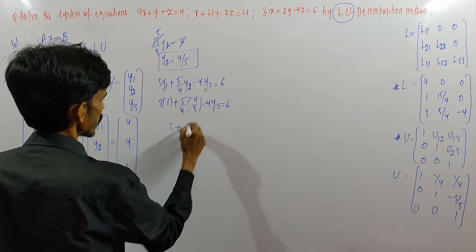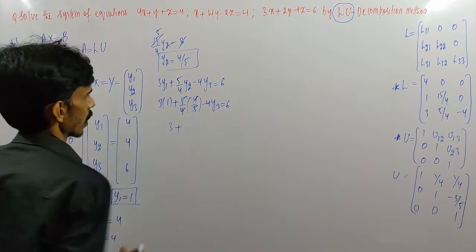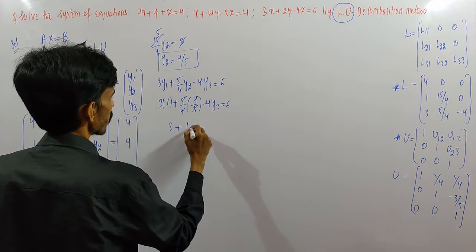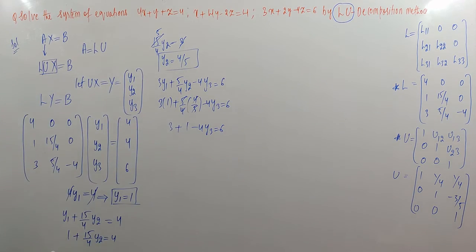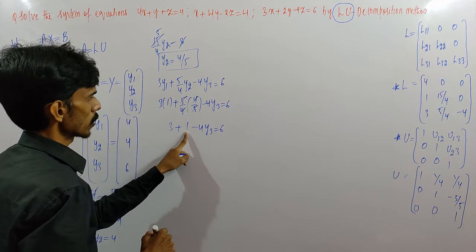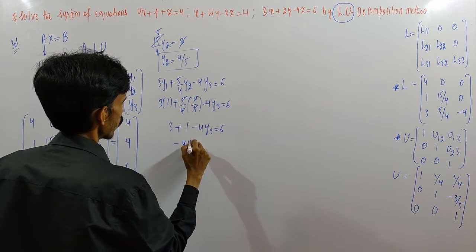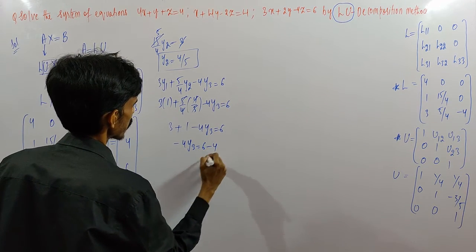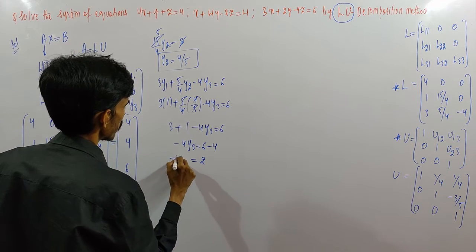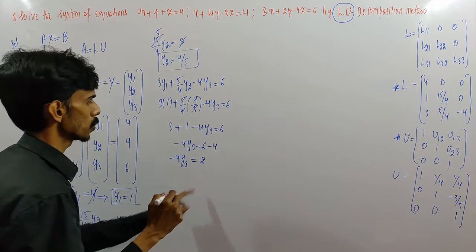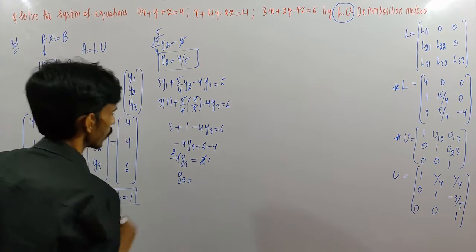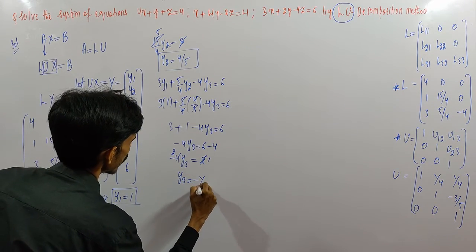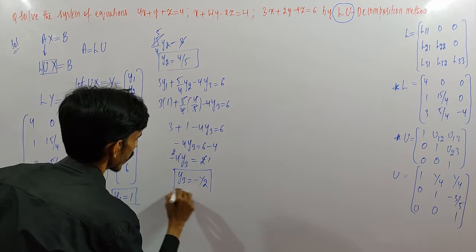Here we have 3 plus 1 minus 4y3 equals 6. Now 3 plus 1 is 4. Minus 4y3 equals 6 minus 4, which is 2. So we have y3 equals minus 1 divided by 2.